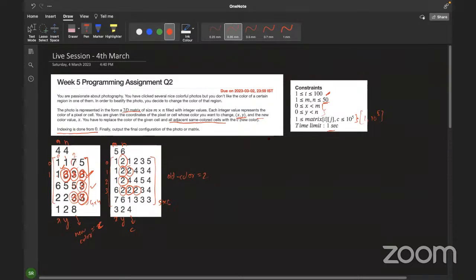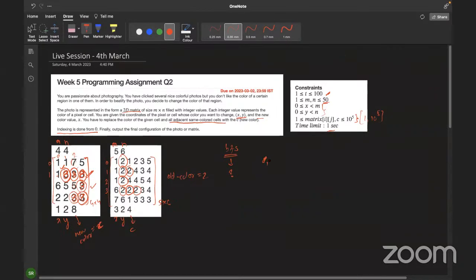Now, as you can get an idea of this question, the last question that we discussed was based on BFS. Just think in the direction of BFS only, because it is kind of similar to that. How would we apply BFS here?